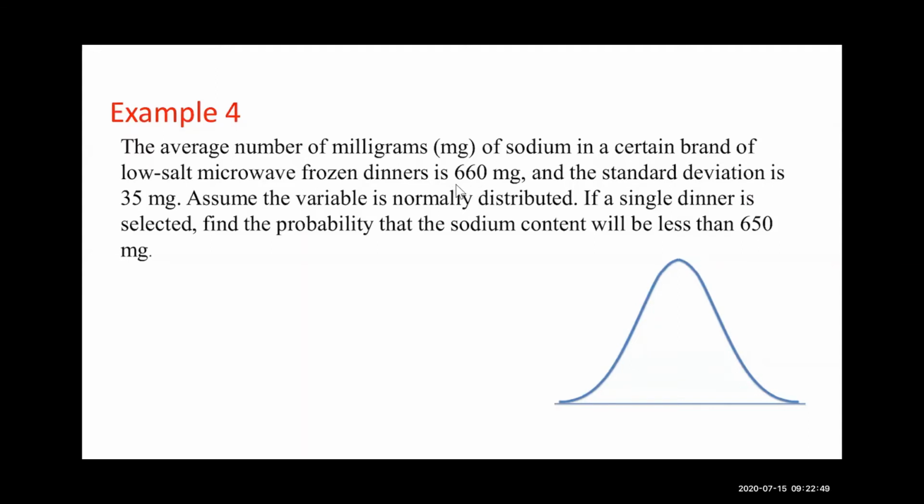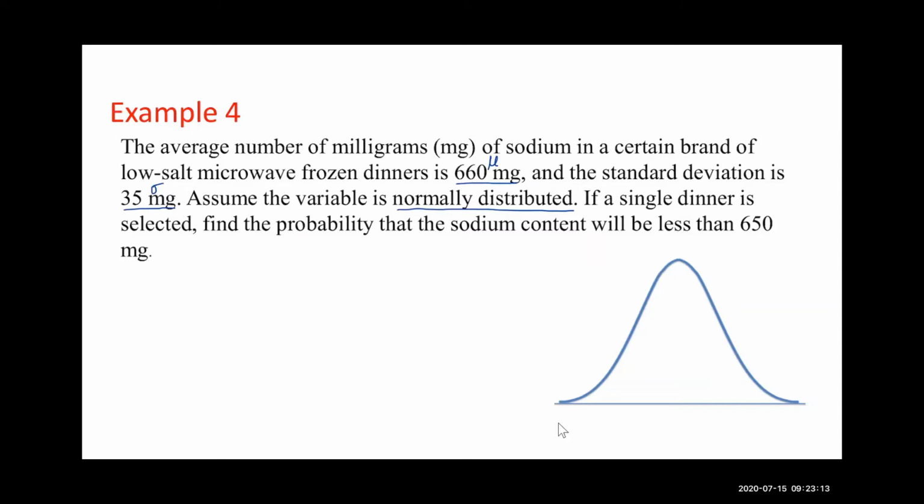So that is your average or mean. Make sure you annotate like that in the question so that it is easy for you. And the standard deviation is 35 milligrams. Assume that the variable is normally distributed. So this is the case of normal distribution.